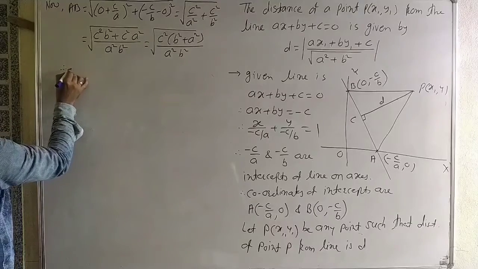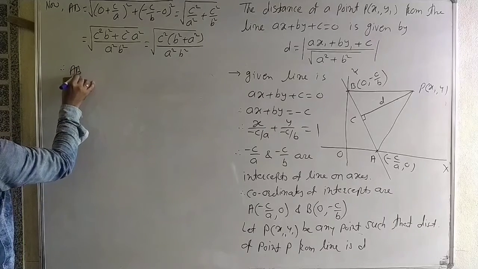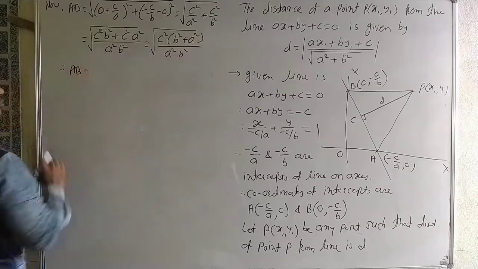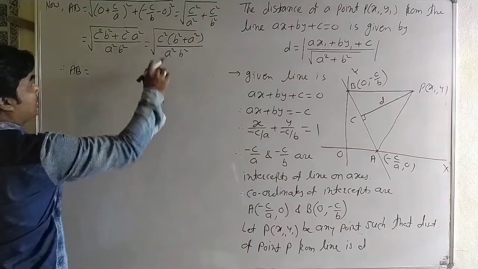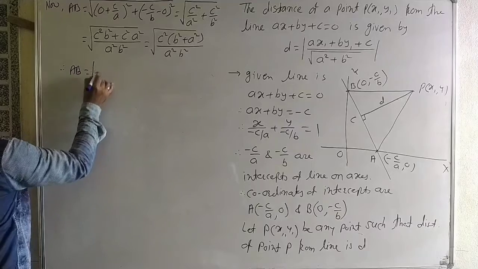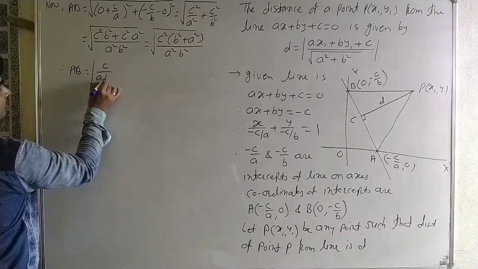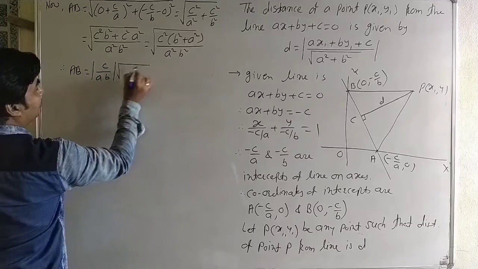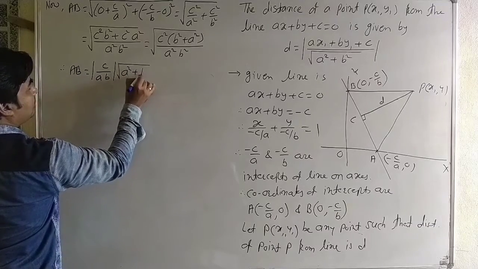Therefore length AB is equal to, take c square and a square b square outside the square root, therefore take the square root, that is plus or minus, therefore we can write here mod c upon AB into under root of a square plus b square.